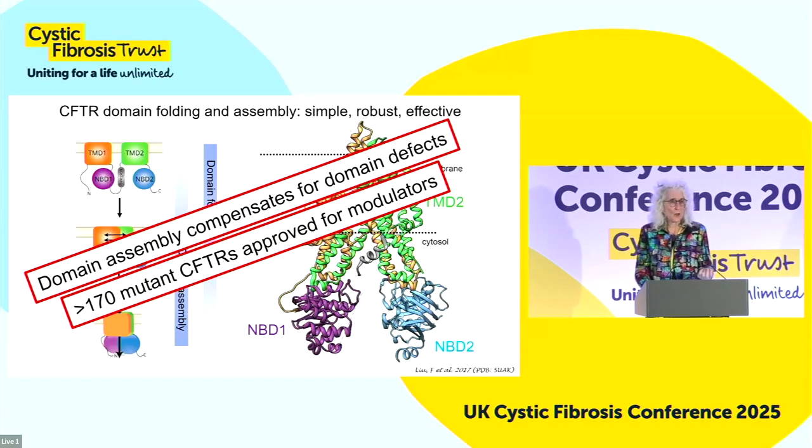If it would rescue only NBD1, then it wouldn't be such a good effect. So it's sort of a mixed blessing that the modulators don't rescue NBD1, which is probably why there's a potentiator needed, and hopefully future modulators will become drugs and will get into people with CF without having the need for 3 compounds. But so far, this is a lucky thing because it means many other people benefited from these modulators because they rescue domain assembly.